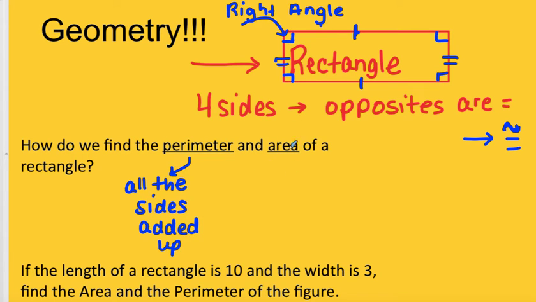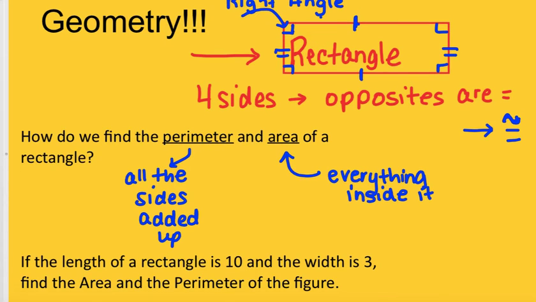And the area is everything inside the figure. If I was going to carpet the floor that's a rectangle, or I was going to paint the wall, I'd be painting the area. So everything inside it. Again, pretend like I'm painting. If I was painting, I'd be painting everything inside it.